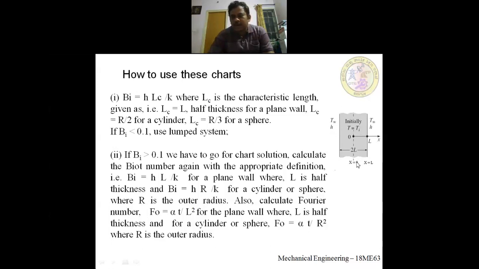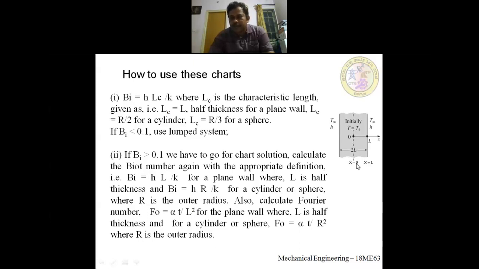When they are subject to the same boundary condition, for our analysis we consider only half of the surface. At the middle, x will be equal to 0, and on the surface, x will be equal to L. So from the middle to the surface the total distance is L, and similarly from the middle of the axis to the left surface is another L.